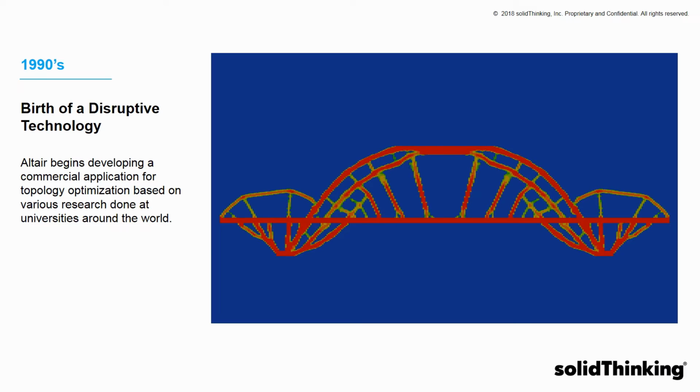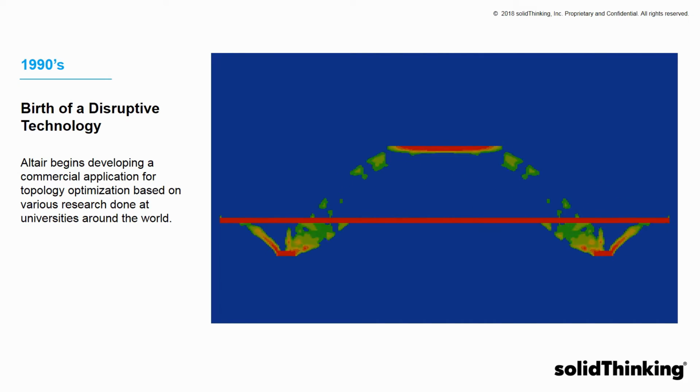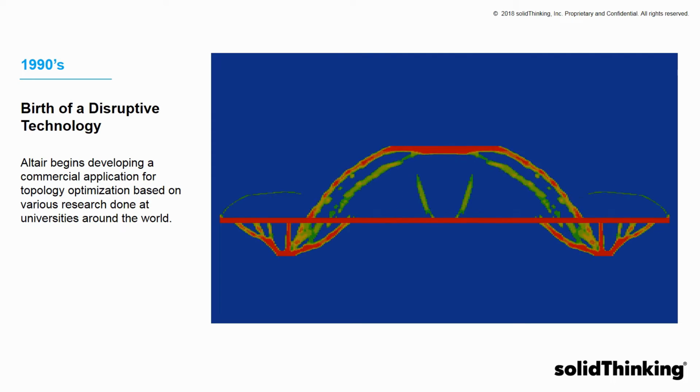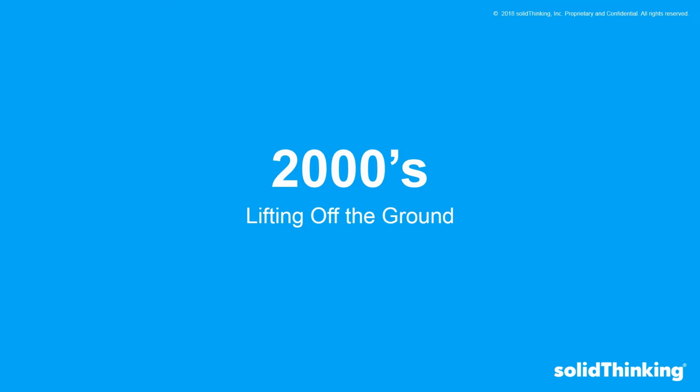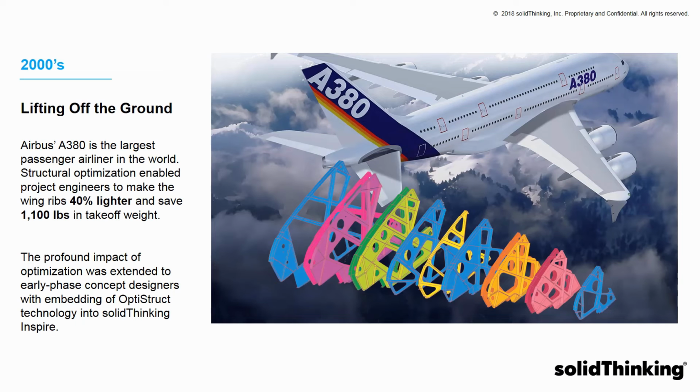In the 1990s, Altair began developing the commercial application for topology optimization based on some research. In 2000, Airbus utilized Altair's technology called OptiStruct to optimize their wing ribs. This technology helped Airbus reduce 40% of the mass from the wing rib, that is 1,100 pounds.